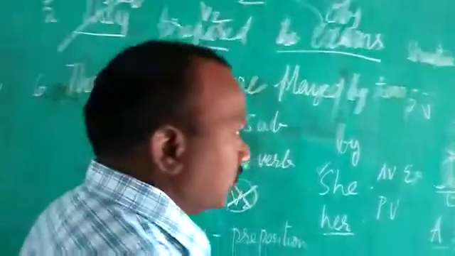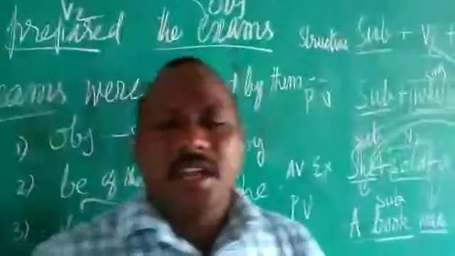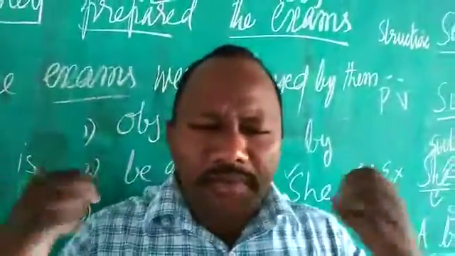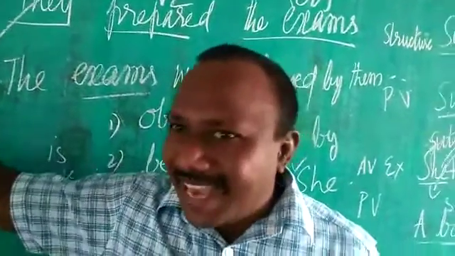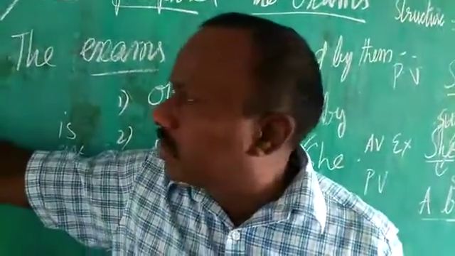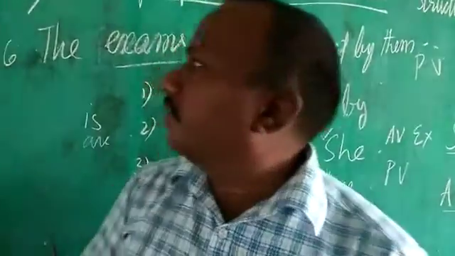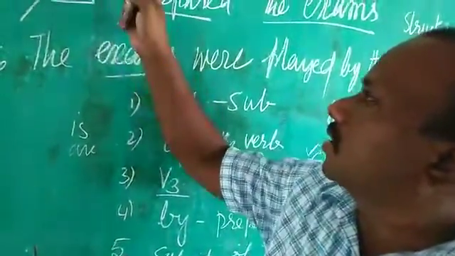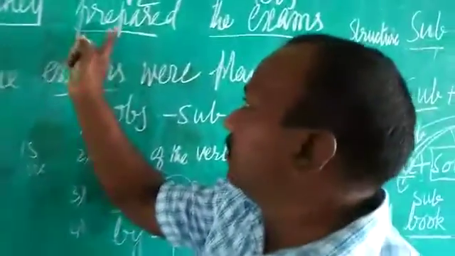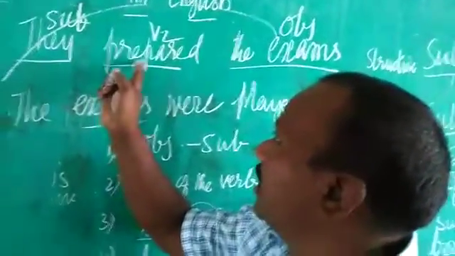Children, remember one thing: we can write a number of sentences in past tense. If it is an active voice sentence, in past tense you can easily identify it because after the subject you can see the verb, and the verb is in past tense.